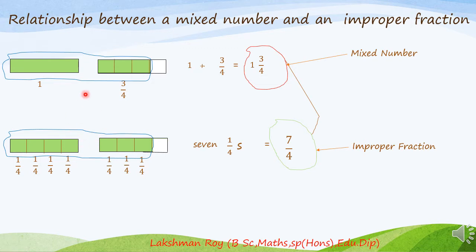So that means this mixed number and this improper fraction are the same. That is the relationship between mixed numbers and improper fractions. The same amount you can write as a mixed number and also as an improper fraction. So this mixed number 1 and 3/4 and this improper fraction 7/4 are equal.